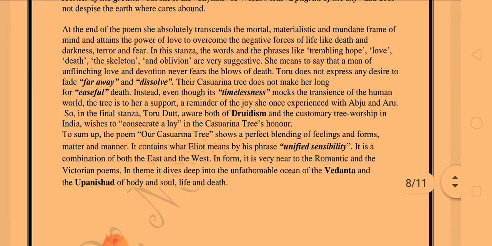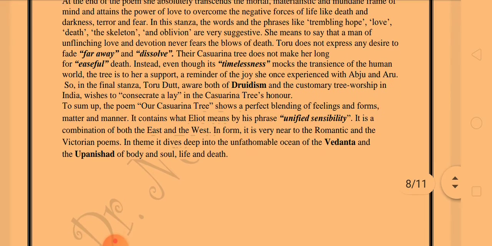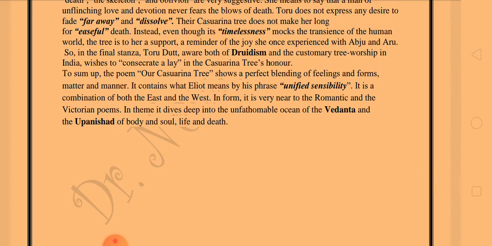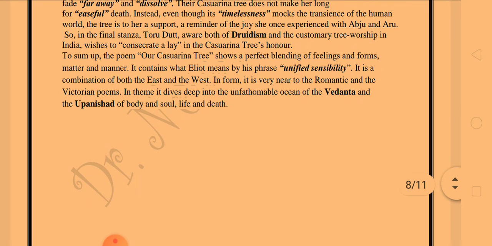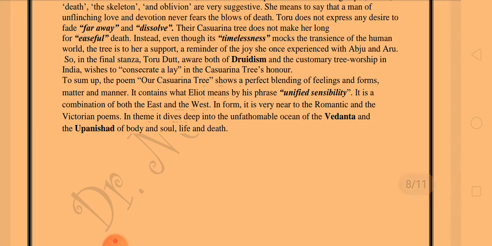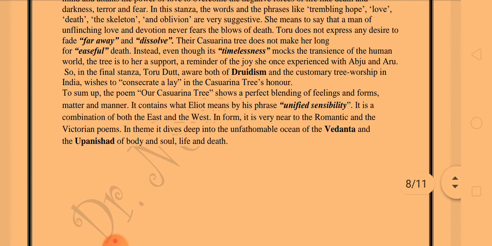Toru does not express any desire to fade far away and dissolve. Her casuarina tree does not make her long for easeful death. Instead, even though its timelessness mocks the transience of the human world, the tree is to her a support, a reminder of the joy she once experienced with Abju and Aru.